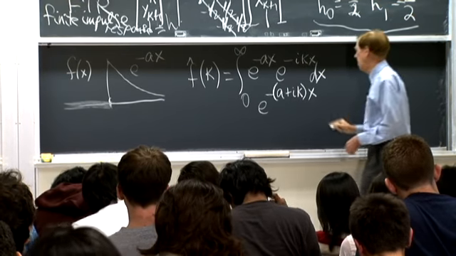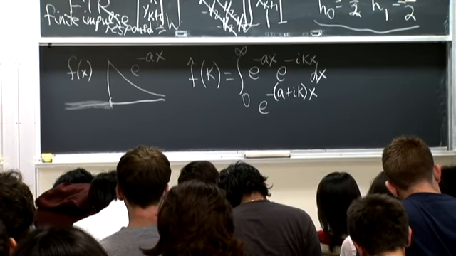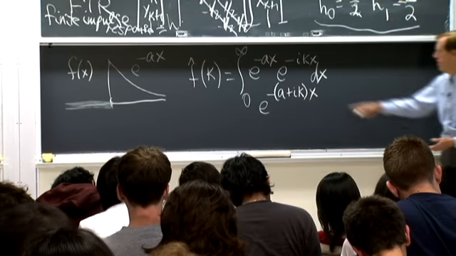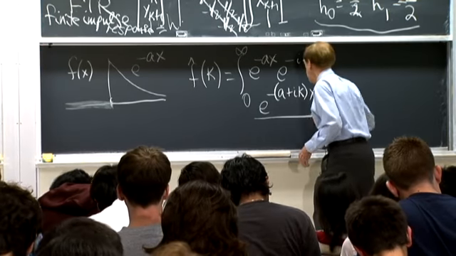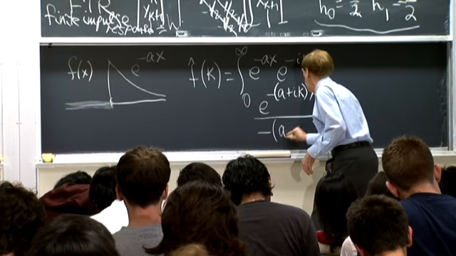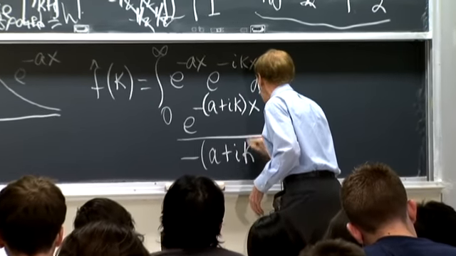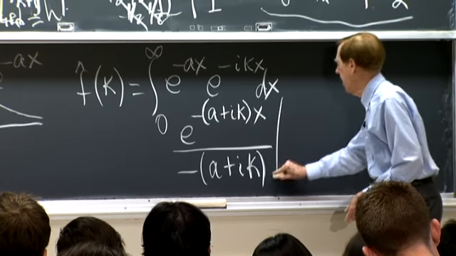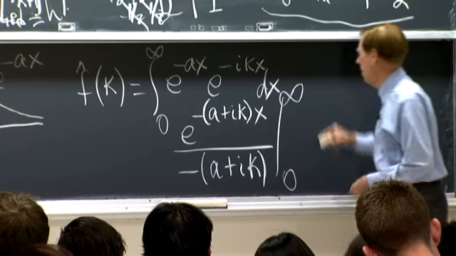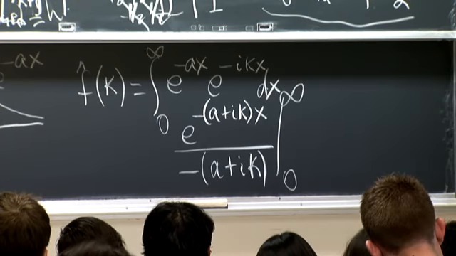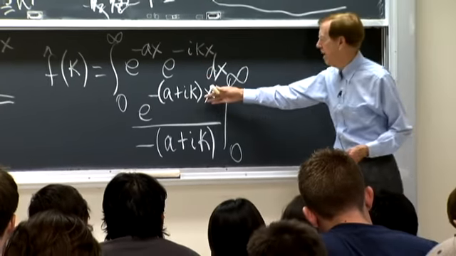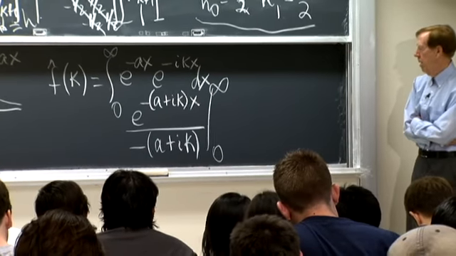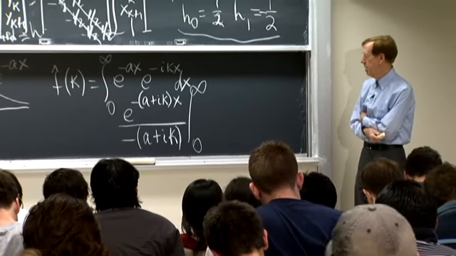You're always going to see it that way. The integral of an exponential is the exponential divided by the factor that will come down when we take the derivative. To integrate that exponential, we just get the exponential divided by its little factor. And now we have to stick in the limits.